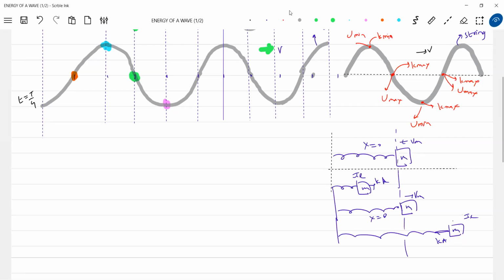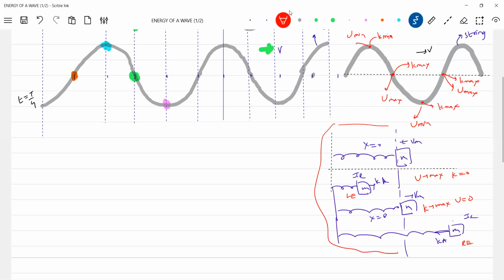So this is at the extreme point, right extreme, left extreme. This is what a normal spring block system is, or most of the SHMs.